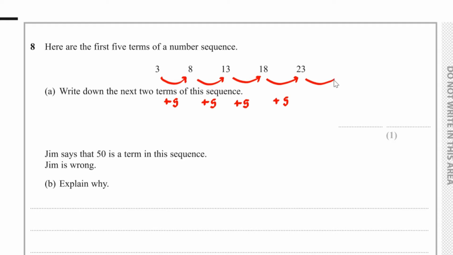So to find the next term, I need to add 5 to 23, and it turns out we get 28. And then we need to add 5 once again to get 33.